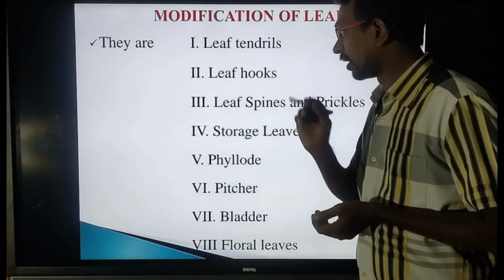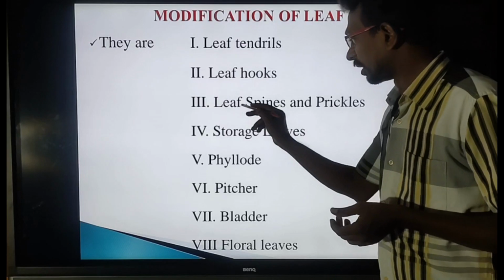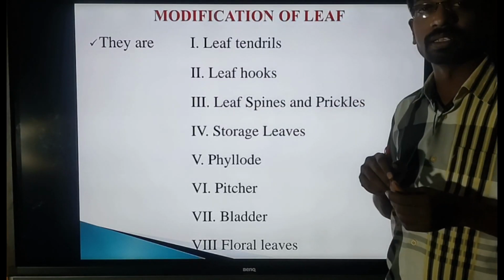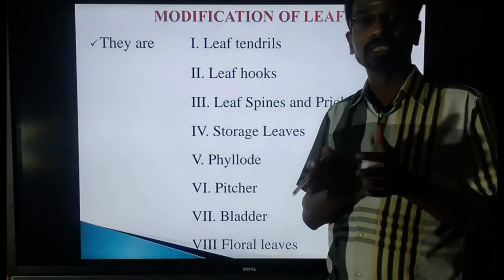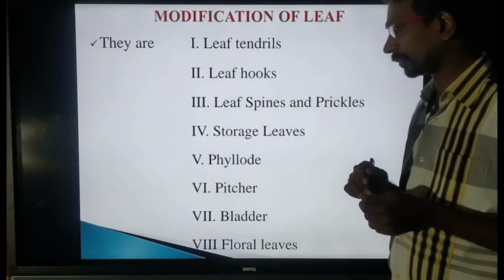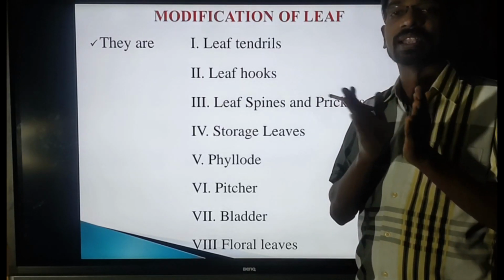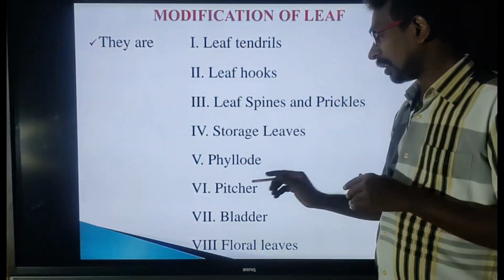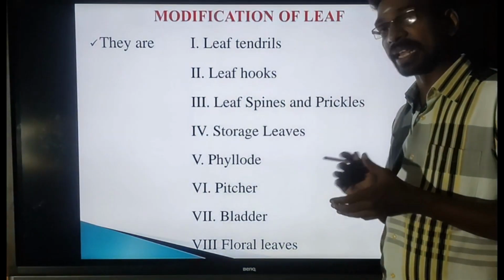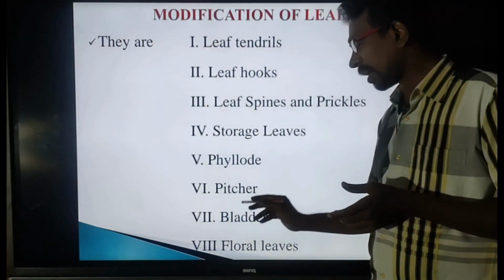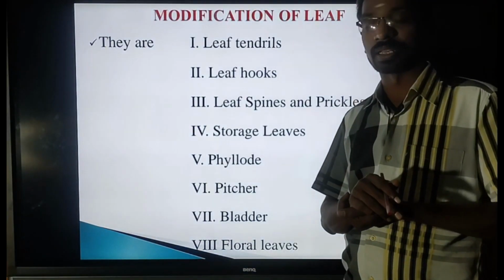Some groups of plants have special modifications on the leaves. It may be a leaf tendril, or a leaf hook-like structure, or leaf spine or bracteals. Some leaves store food material or water, so those are storage leaves. Phyllodes resemble a flattened structure. The pitcher is a pot-like structure, and the pitcher and bladder are very commonly seen in insectivorous plants.